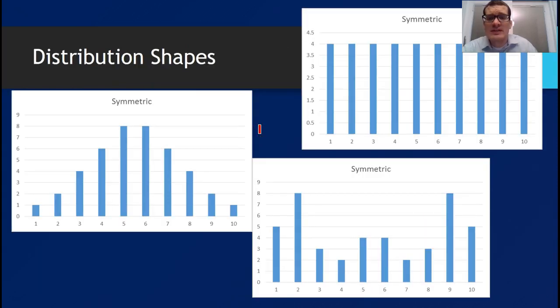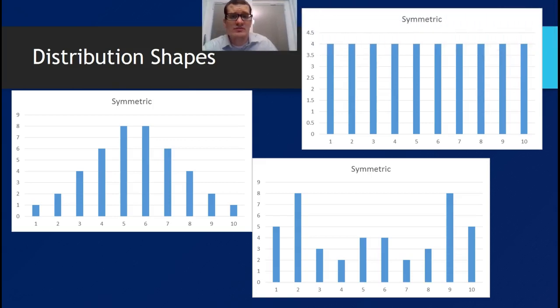Now, as far as symmetric distributions go, there's a lot of different ways that the symmetric distributions can look. So symmetric distributions can look a number of different ways. They can be flat, they can have humps in them, they can be all over the place.